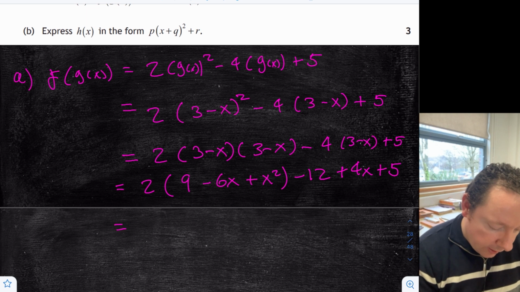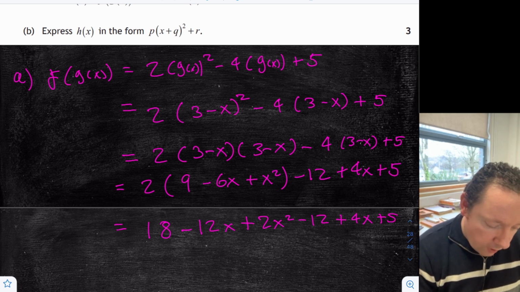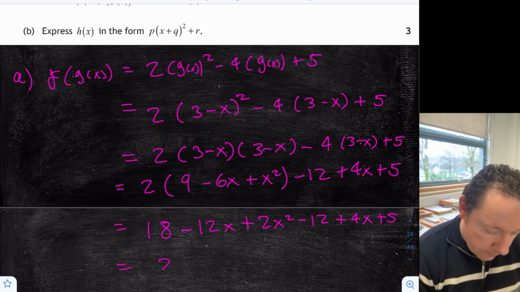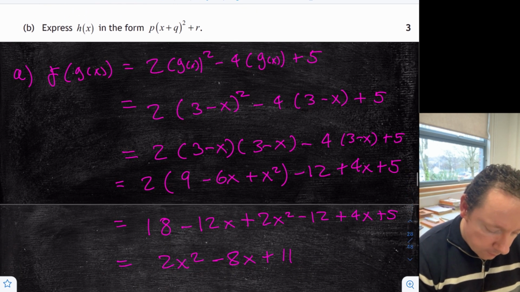So that gives me 18, 2 times 6 is 12x, plus 2x squared, minus 12, plus 4x plus 5. So that equals 2x squared, and then the x terms, minus 12x plus 4x is minus 8x, and then the number terms, 18 minus 12 is 6, plus 5 is 11. 2x squared minus 8x plus 11, yep, done.